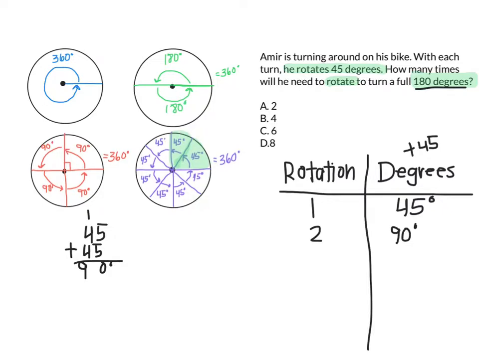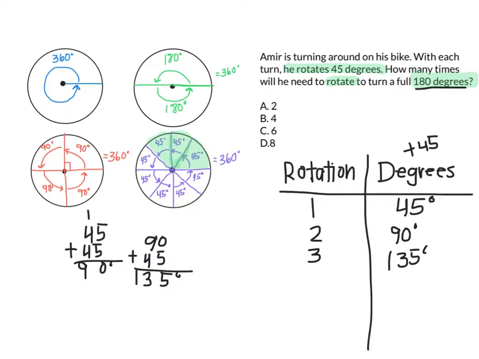We're not at 180 degrees, so we keep turning. So now we're on our third rotation. We stopped at 90 degrees. We're going to add another 45 degrees. 0 plus 5 is 5. 9 plus 4 is 13. So now we're at 135 degrees. And our third rotation.